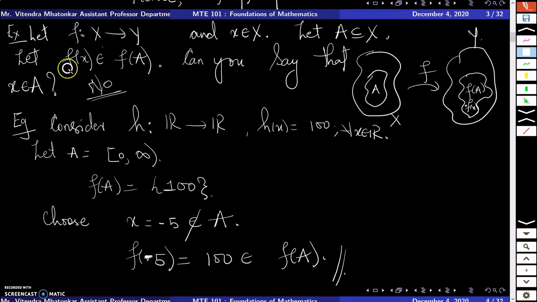So the image of a point being there inside f of A does not mean that that point will sit inside A, not necessarily. Here is a counter example for that, and you can look out for more counter examples which will tell you that if the image of a point is there in f of A, then that point need not be inside A. Fine.